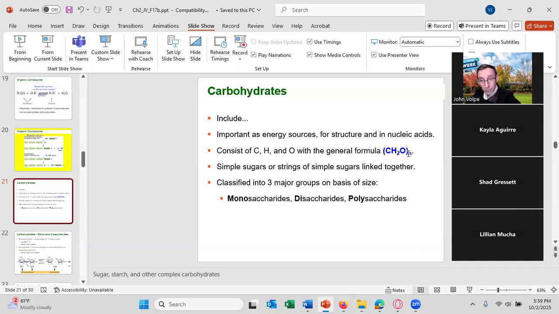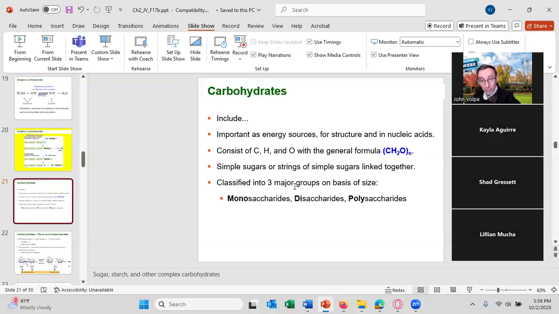In the case of glucose, n equals 6, so glucose is C6H12O6. Just remember the general formula of a carbohydrate is CH2O with a subscript n, and for glucose, you put in a 6 for that n.